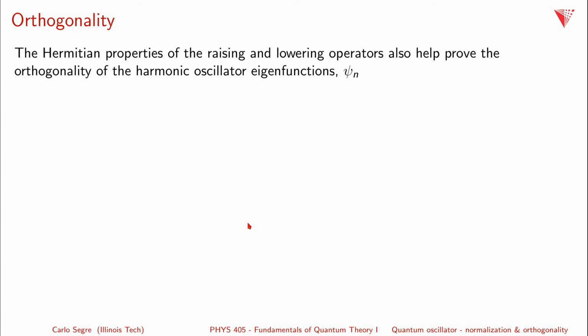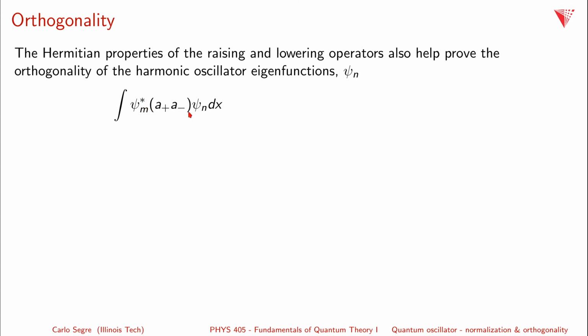Now, we can also prove that the solutions to the harmonic oscillator that we've generated in this way are orthogonal. And we do that, again, by applying a pair of these operators. So we build this integral here, psi star m, A plus A minus psi n.